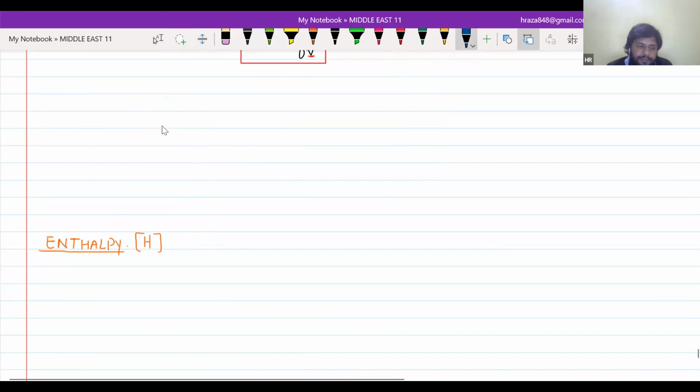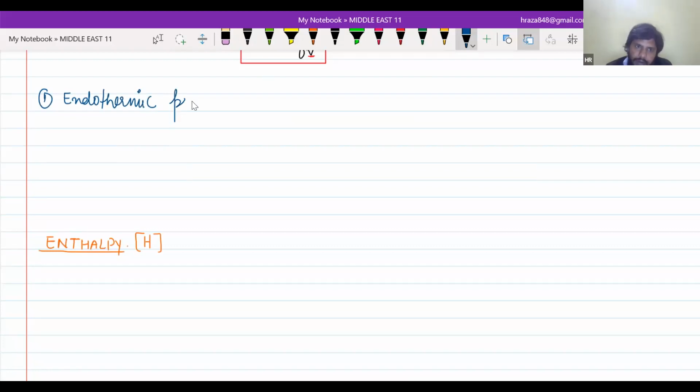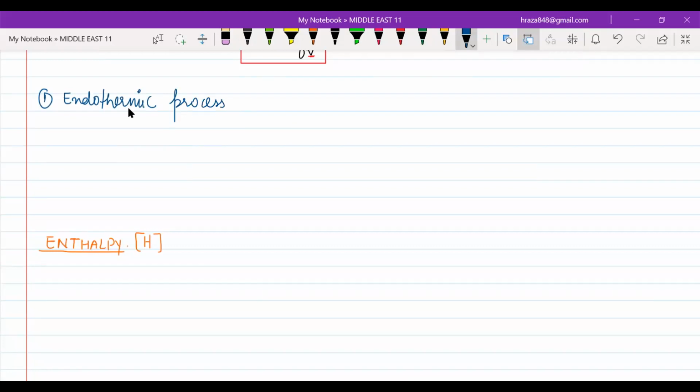Before enthalpy, do you know what is an endothermic process? One which requires energy to carry out the reaction, and exothermic which releases energy during the reaction.